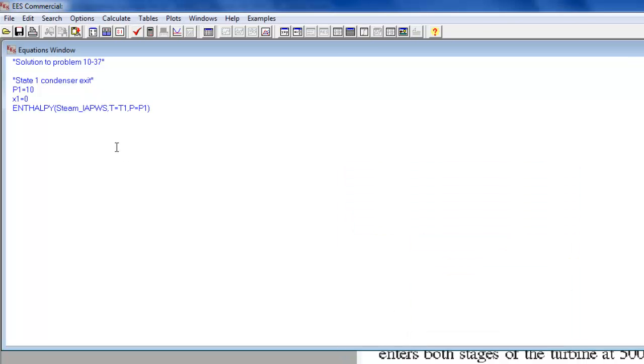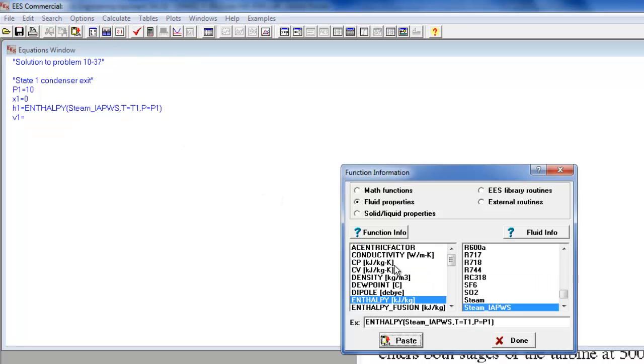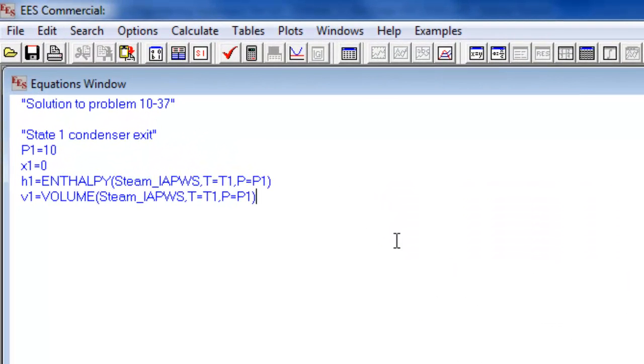So we have our enthalpy, H1, and we're going to compute volume 1 as the specific volume. It's a way to get the pump work.